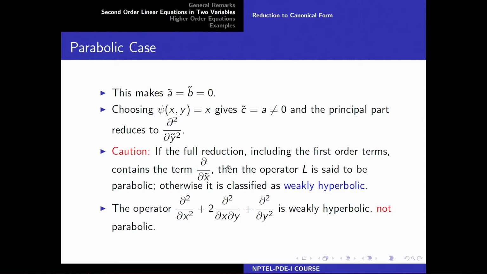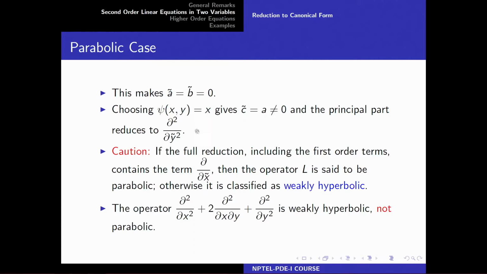Okay. So, this is similar to the comment I made on the paraboloid. You have to have a lower order term in the other variable, not y tilde, but x tilde. Then only you call it parabolic.